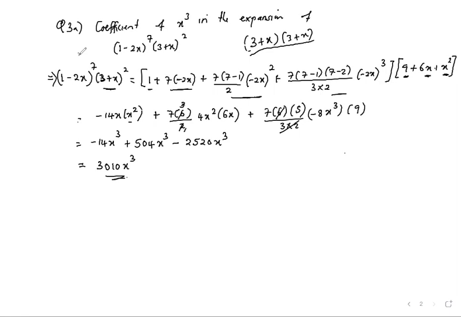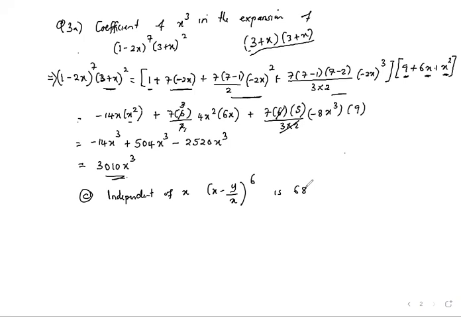Okay, then there was a question asked in the group. If the term independent of x in the expansion of x minus y over x power 6 is 68, find the value of y.